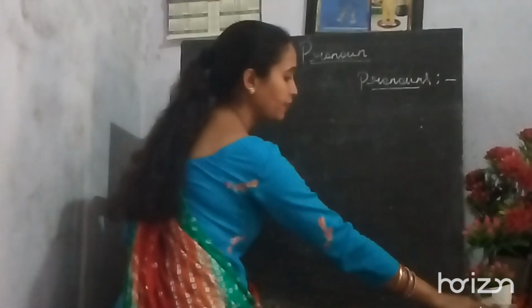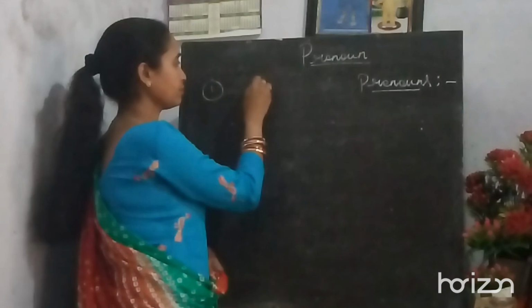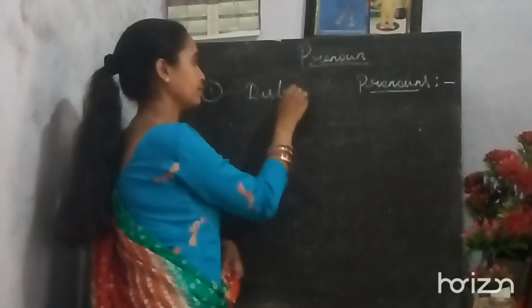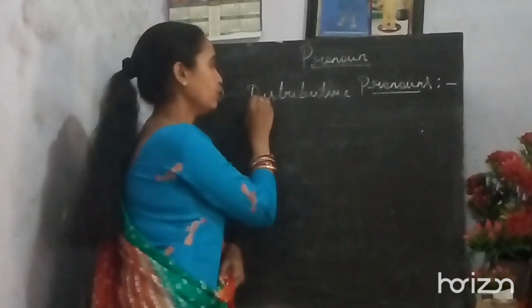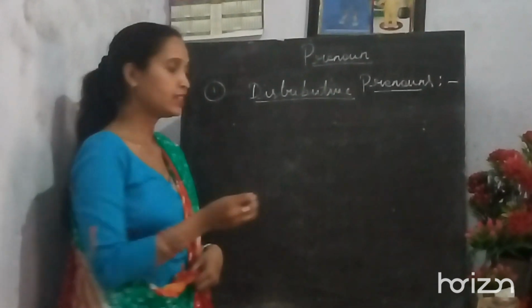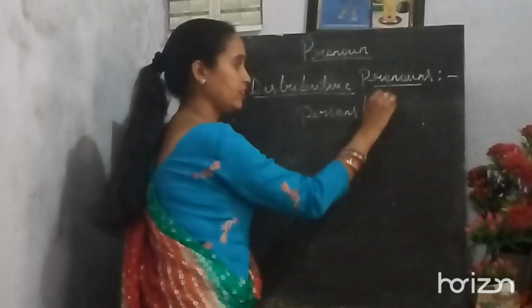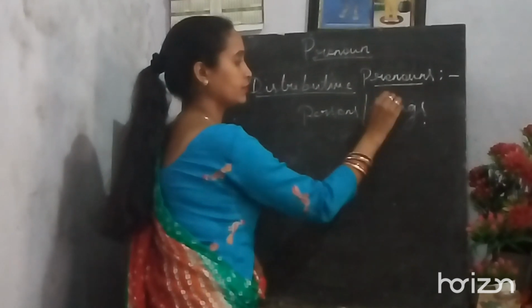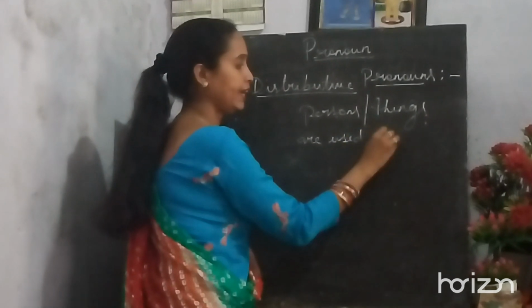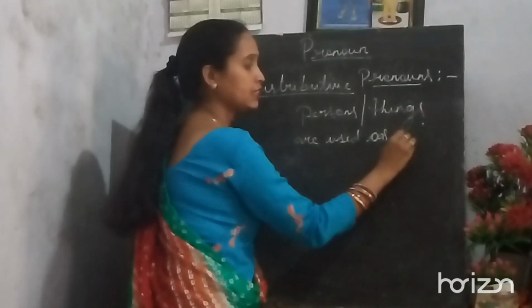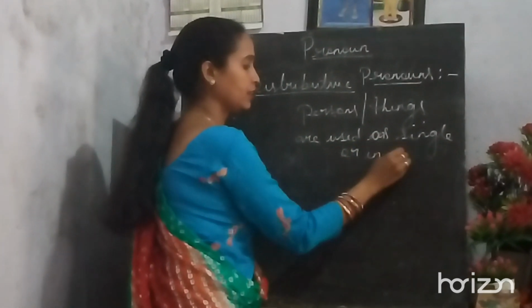I hope with the examples the pronouns are clear in your mind. Further, the last one for today's video is distributive pronoun. What is a distributive pronoun? In this, persons or things are used as single or in groups.